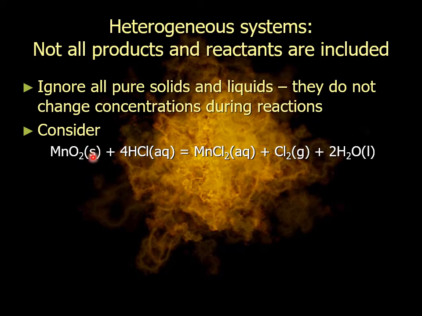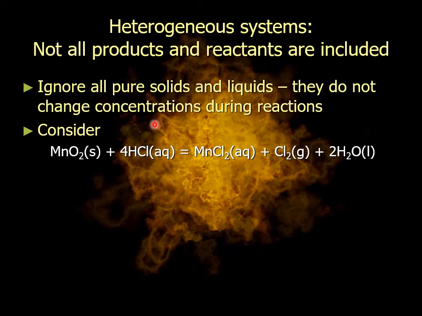So the MnO2 is an S, the HCl is an AQ, the MnCl2 is an AQ, the Cl2 is a gas, a G, the H2O is a liquid. So remember this rule, ignore all pure solids and liquids.